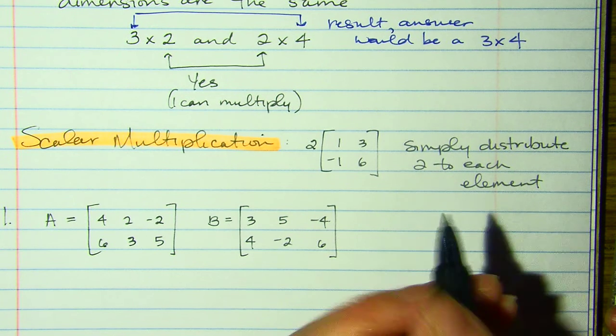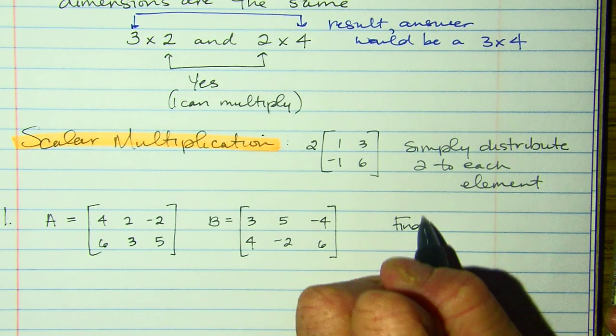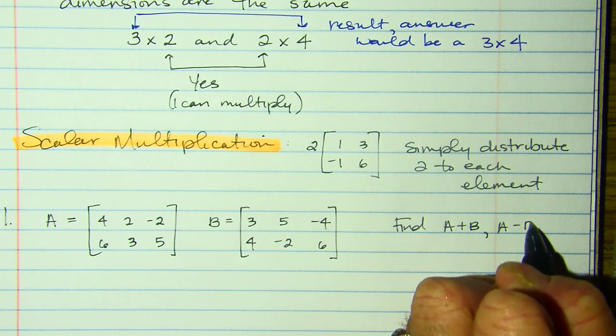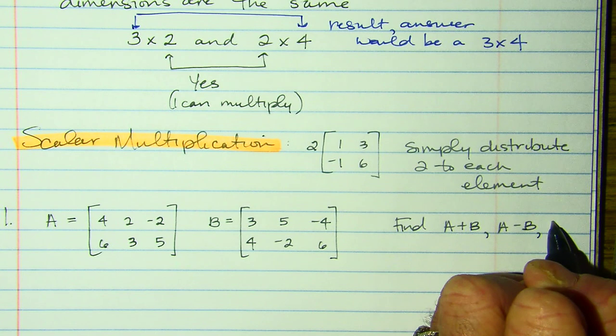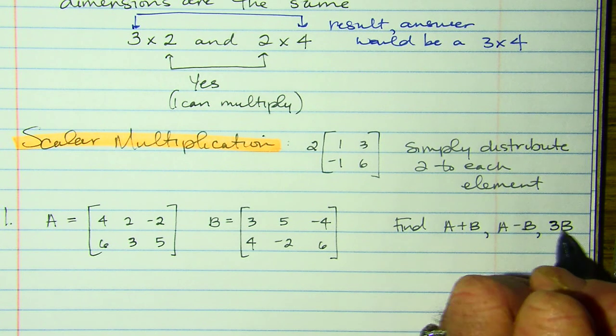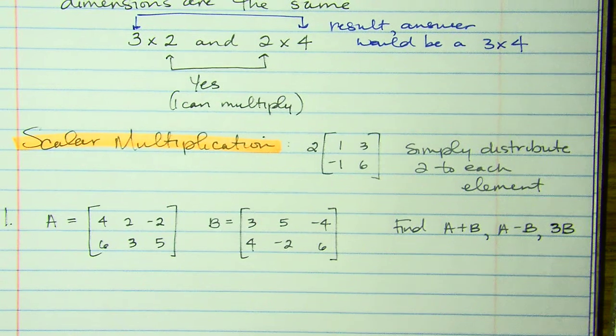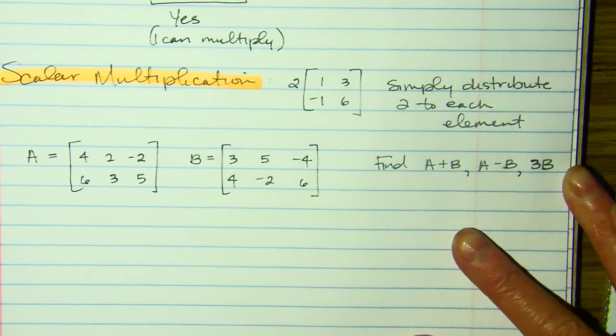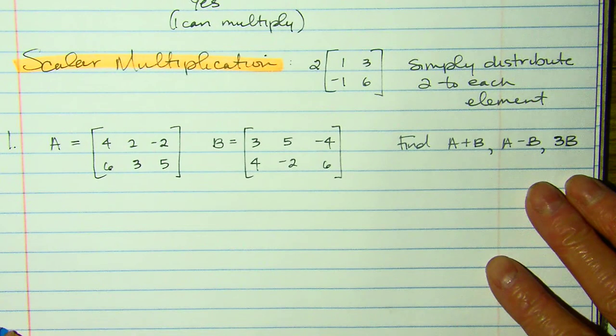So we're going to find the following. Find A plus B, A minus B, and 3B. Okay, so that we can practice 3 different things in one problem. So let me move this over.